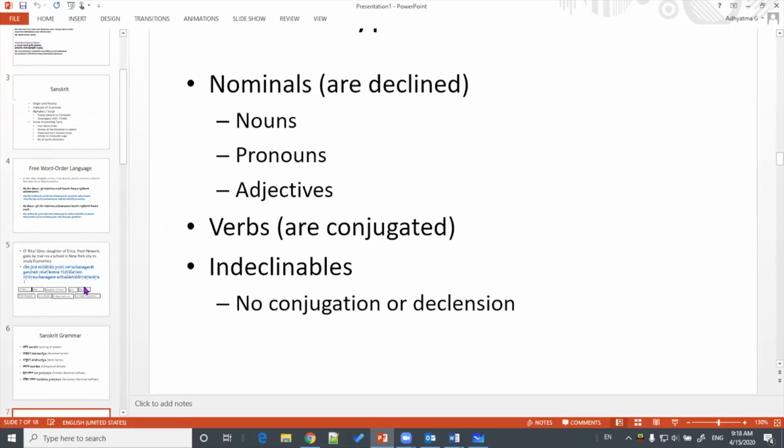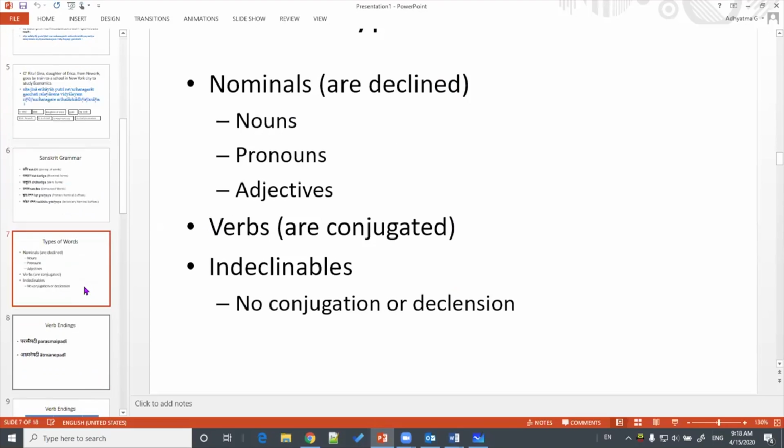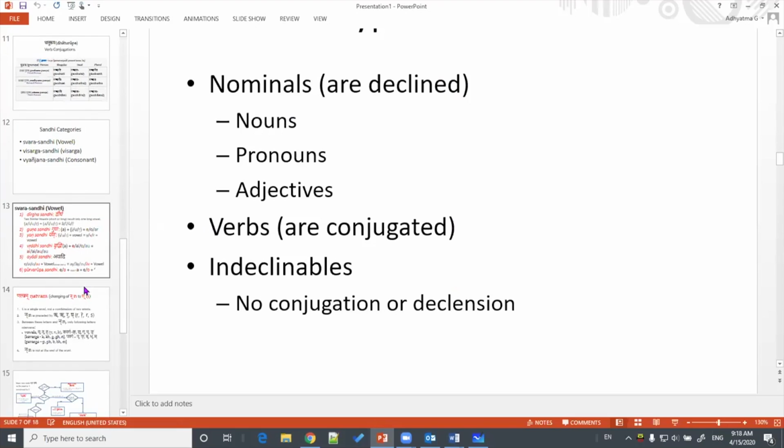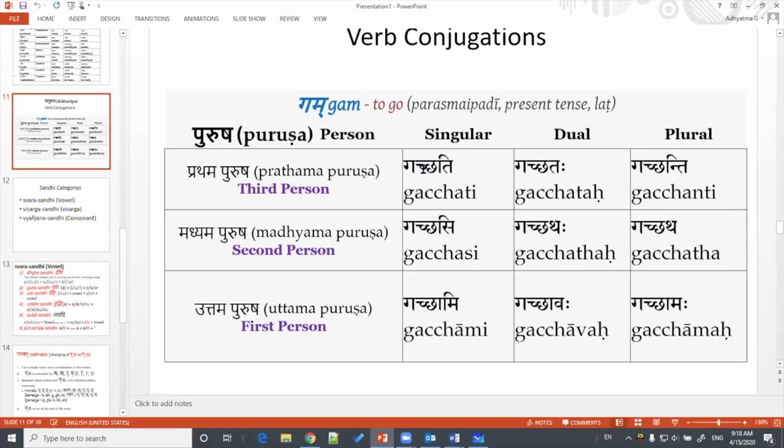So if you look at the gam table, which we chant every day at the start of the class, that table is gacchati, gacchatah, gacchanti. That means all the verbs will come in this 3 by 3 table format. And this table consists of persons.